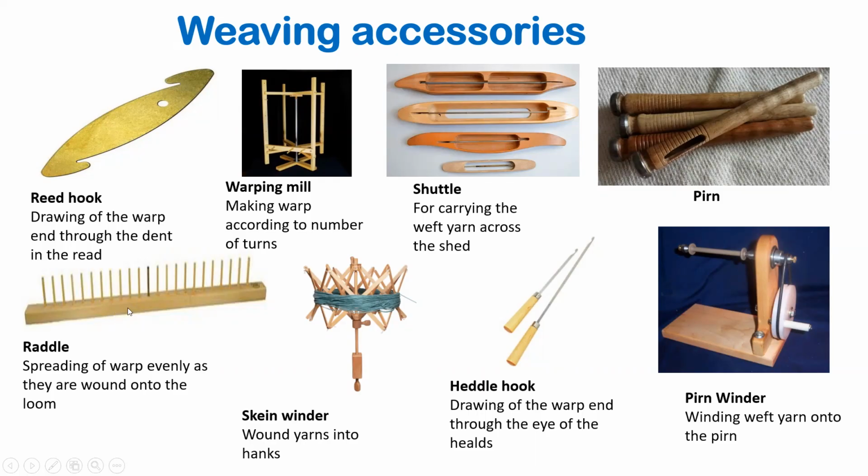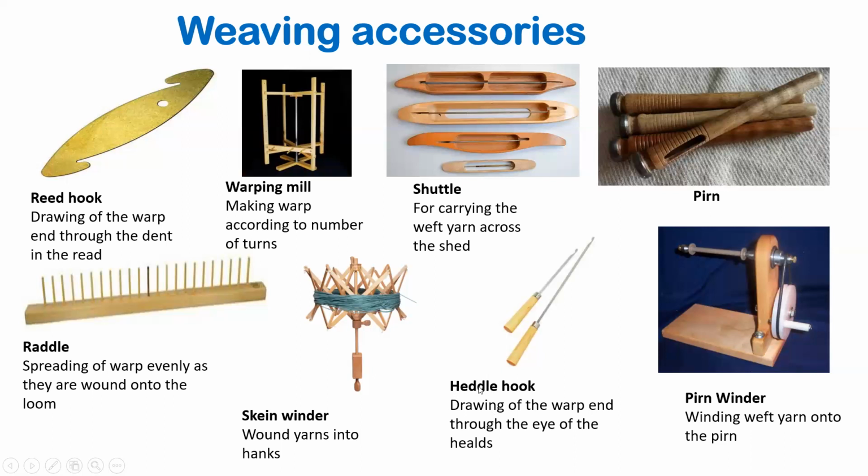You have the rattle, which you need to spread out the warp on the loom. All these things will become very simple for you when you're doing the actual weaving or when you go to the weaving room where you see a lot of looms. And when we start the actual practical, these things will become so practical for you to see.